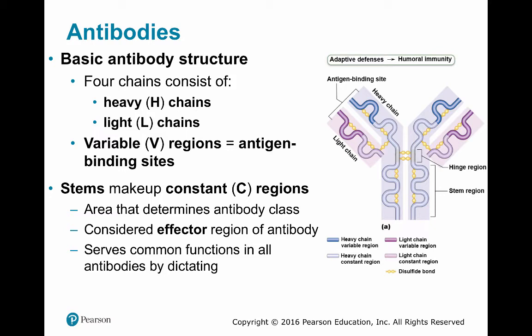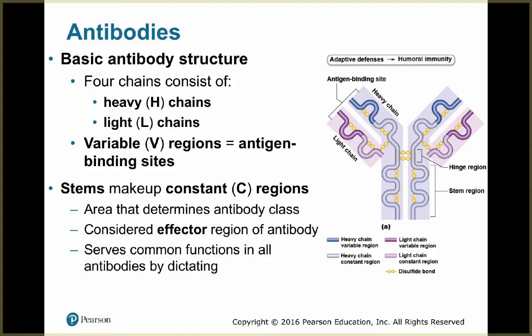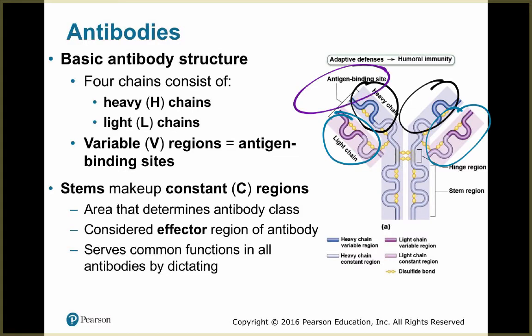And there's 4 chains. And so they consist of, basically, you can see heavy chain here, light chain here, light chain here. And then you can see on here, there is a variable region. And the variable region here is the antibody or antigen binding site.